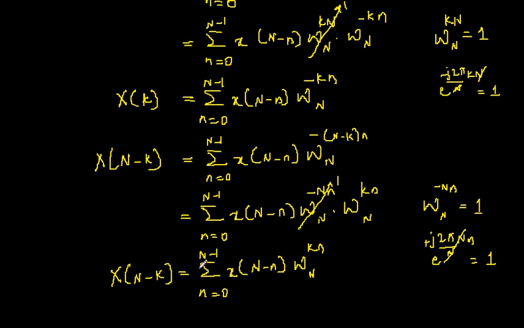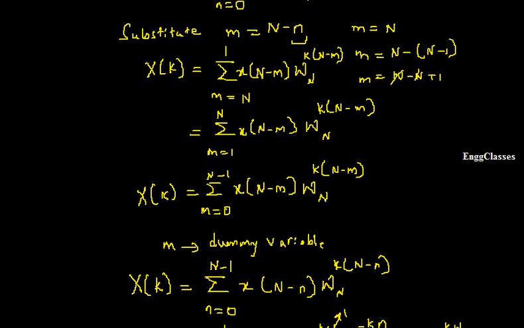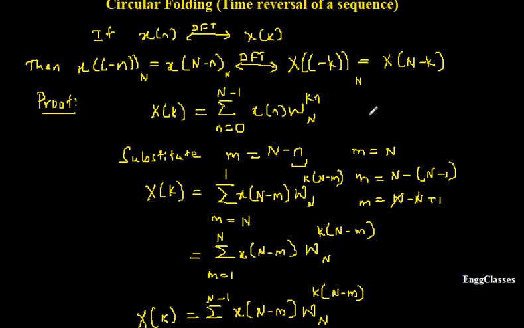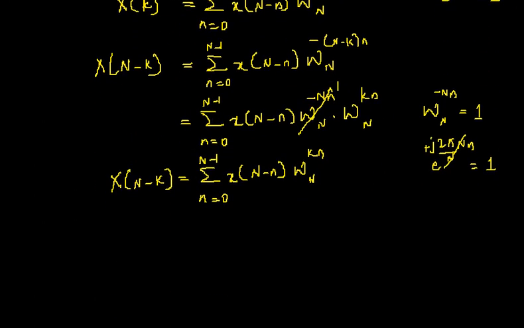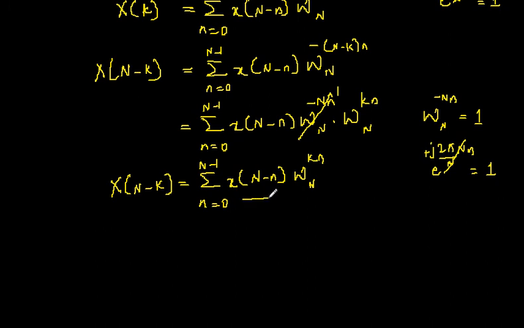Is that fine? So now what is this expression? If you look closely, this resembles the expression of DFT. I'll just go up and check. This is the expression. If x of n is the input signal, its DFT is x of k. In place of x of n, what do I have now? I have x of n minus n. So what this must be?